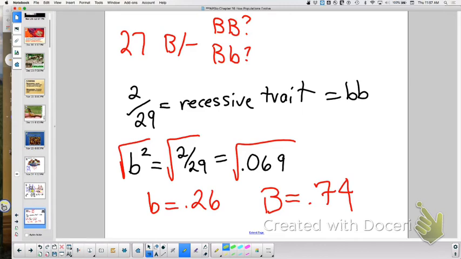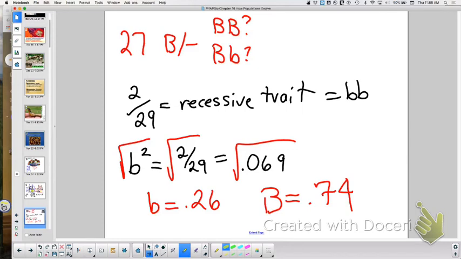And that's how we figured how many of you are homozygous dominant. There's two ways to be a heterozygote. You can be big B, little b, or little b, big B. So we just took the big B value times the little b value times 2. And then we just multiplied it by the number of people in the room, and we predicted how many of you were heterozygotes.